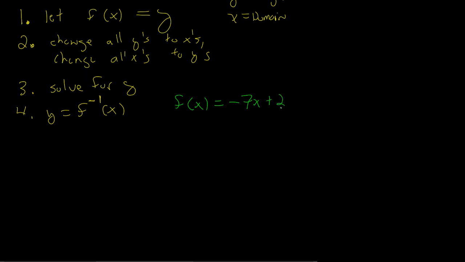So if this is my rule that's taking some domain and mapping it to a new range, and I want to reverse that rule, I'm going to use these steps. So step 1, I want to let f of x equal y. So I've just written it in a new form. I've changed my variable. Now I'm going to change all y's to x's, so this becomes x, and all x's to y's.